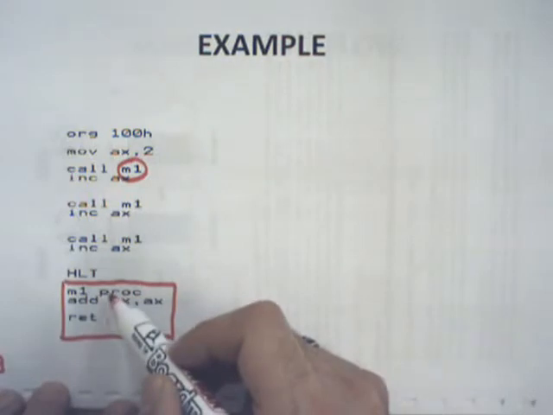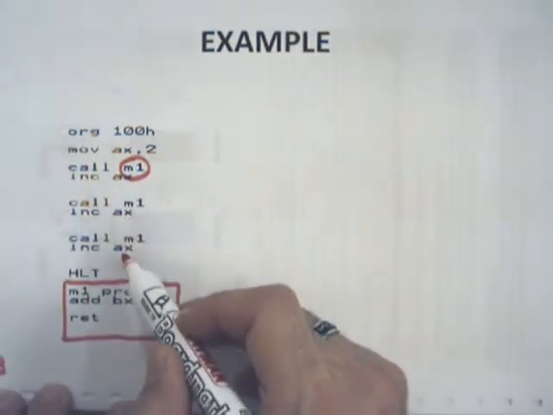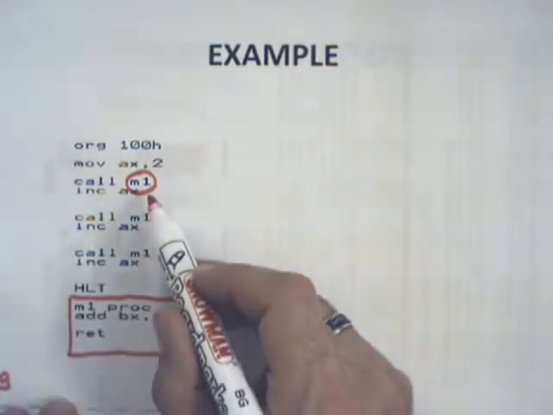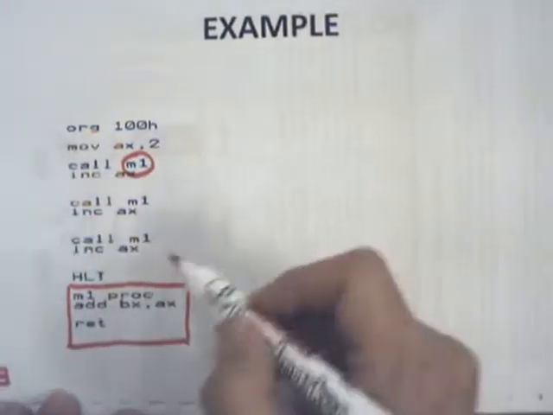But if we have multiple lines here, instead of writing the same thing 3 times, which consumes programming memory space, we consume only 1/3 of it for this example.